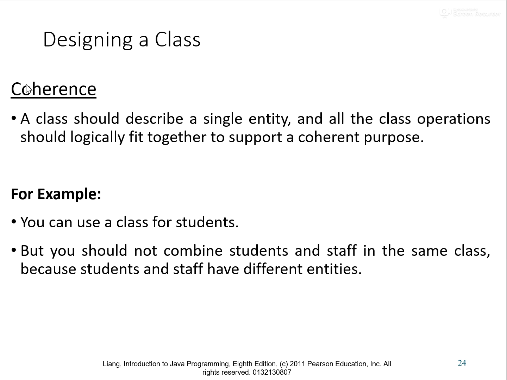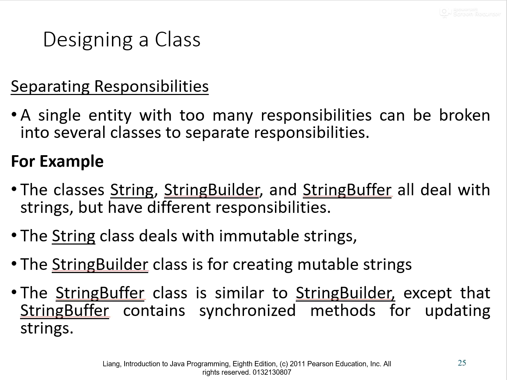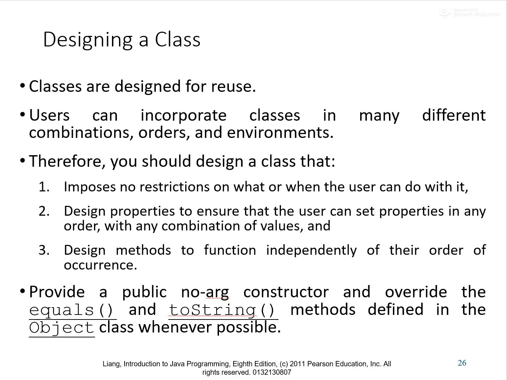Basically, the lessons in this lecture were about how to design a class, keep relevant stuff within the same class, separating responsibilities, designing classes for reuse so that once you've spent the time on making a certain class, maybe write it in such a way that you can reuse the same class, the same code in other projects in the future.